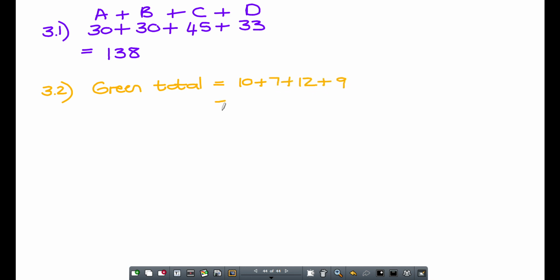En dit geef my hoeveel? 38 boxes. Nee. Okay, so nou wil ek weet hoeveel groen bokse was daar uit die volle totaal. So the probability would then be the 38 over the 138. Okay, en hulle wil hom hê as 'n persentasie. Met ander woorde 27,54%.